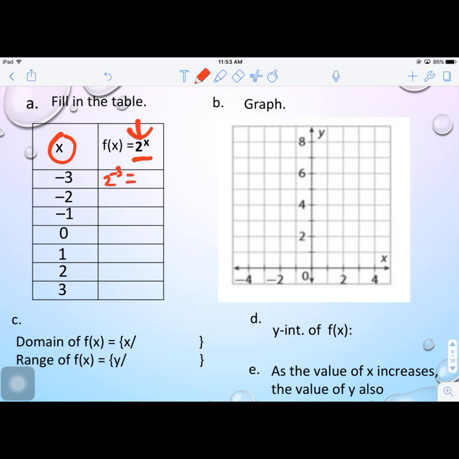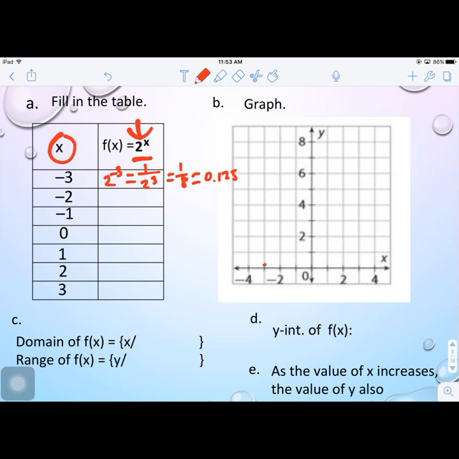To make a negative power positive, we put a 1 underneath it, so that will be 1 over 2 to the third power, which is 1/8. For the sake of graphing, we're going to approximate that as a decimal: 1 divided by 8 is 0.125. Let's place that point on the graph right now. So we have -3 and 0.125.